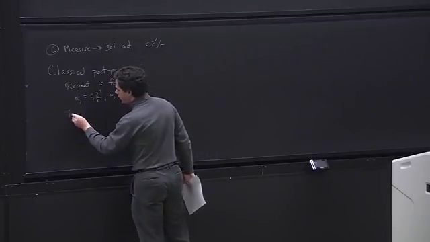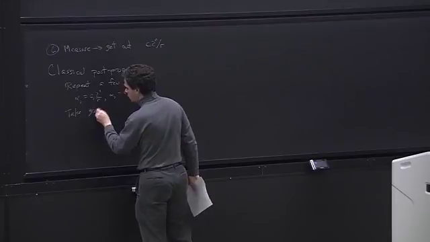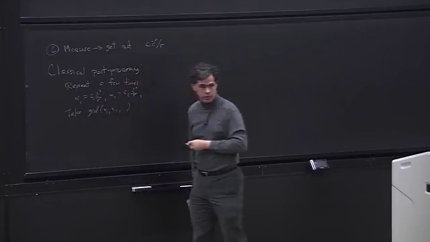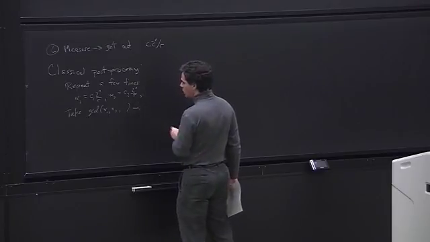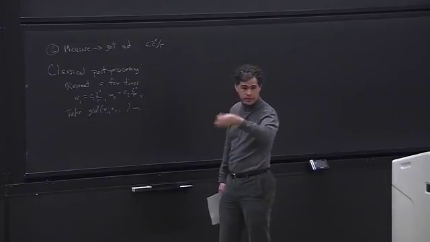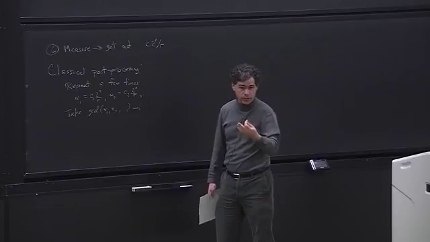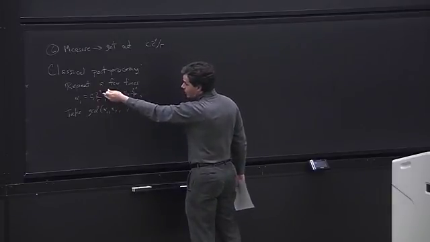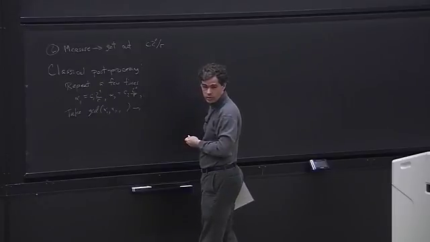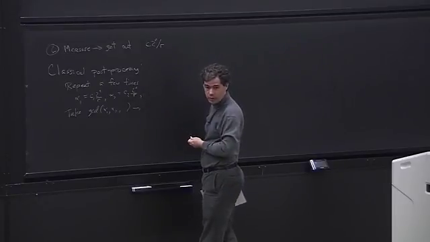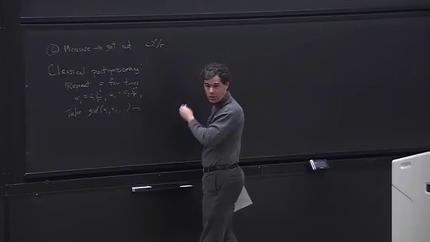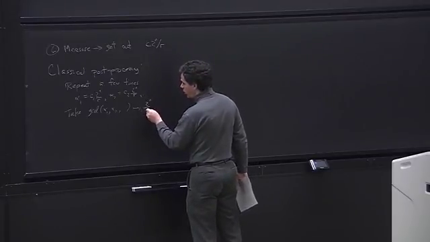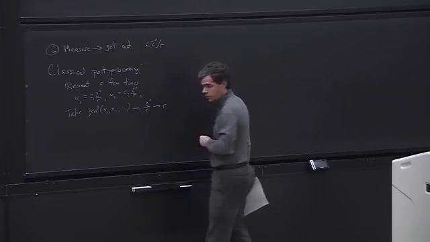And then we can take the GCD of these alphas, which, with high probability, because the c's are completely random, will be 2 to the n over r. It'll always be some multiple of 2 to the n over r, but if you pick enough of these alphas, with very high probability, it will be exactly 2 to the n over r. So we get 2 to the n over r, and that in turn tells us r.